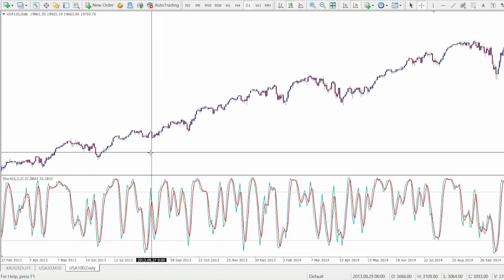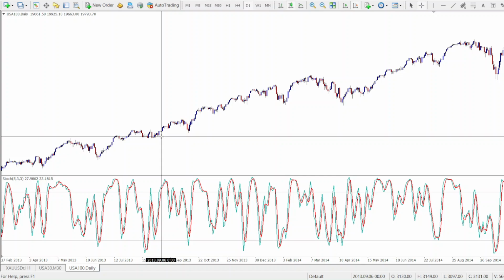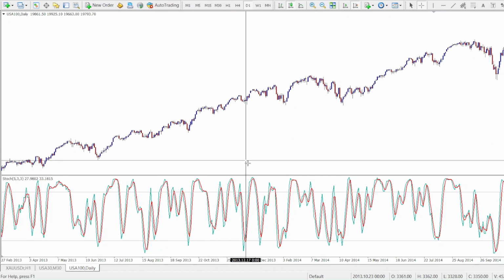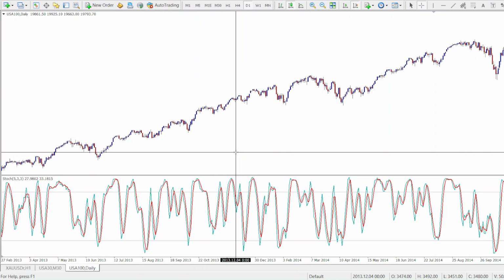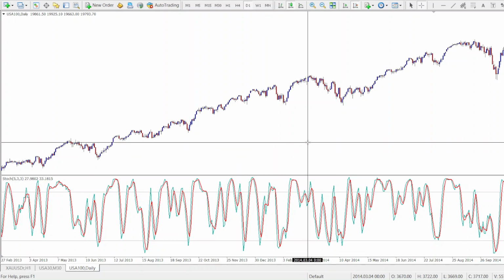We can see right here, this is also a Dragonfly Doji. So the two places that the Dragonfly Doji forms are one, at the end of a bearish move, and two, after a pullback in a bullish move. You can use this pattern to determine when to enter a buy trade. This candlestick pattern is usually used for buy trades only.